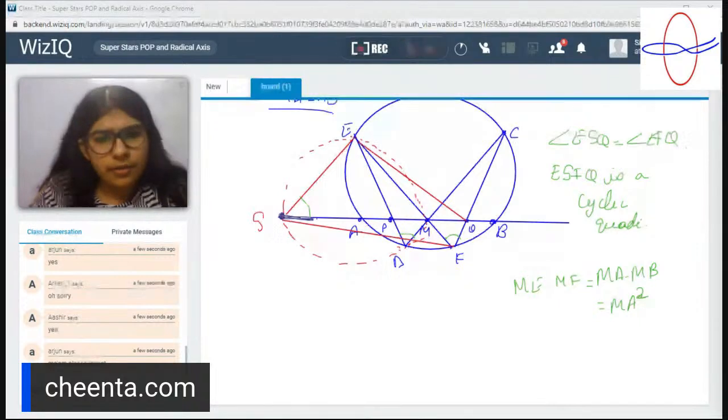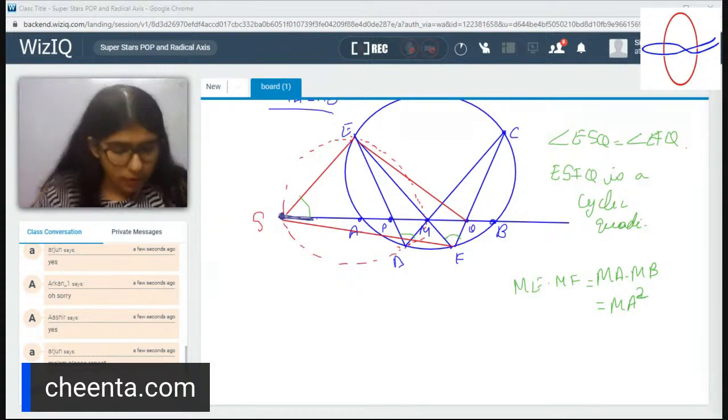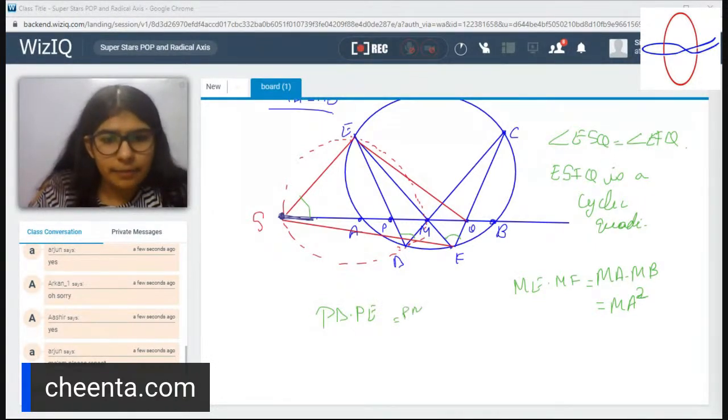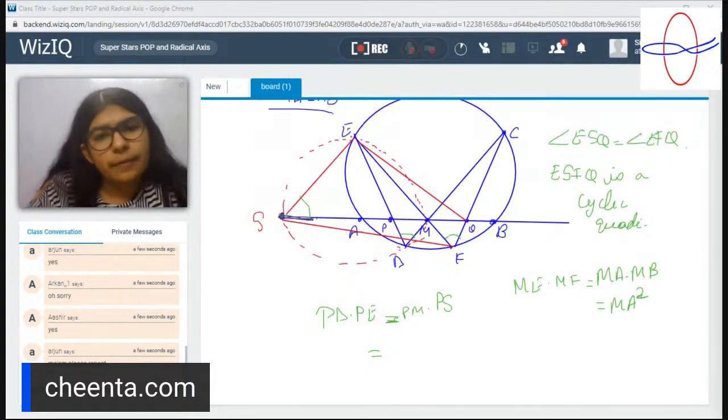And now you can also say that PD into PE is PM into PS. And well, PS is also PD into PE, also equals, well, PM into MF.